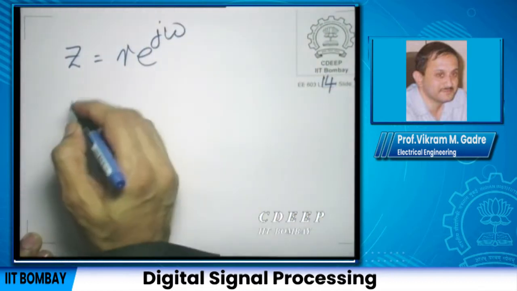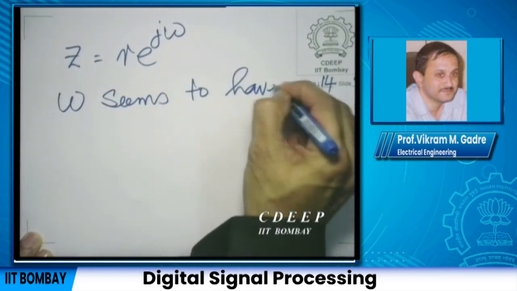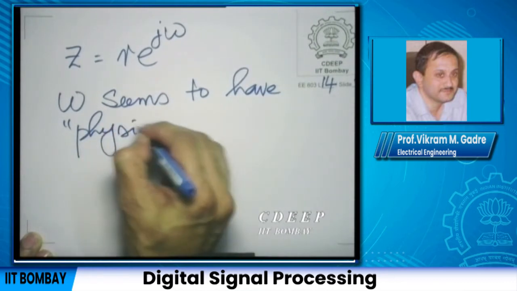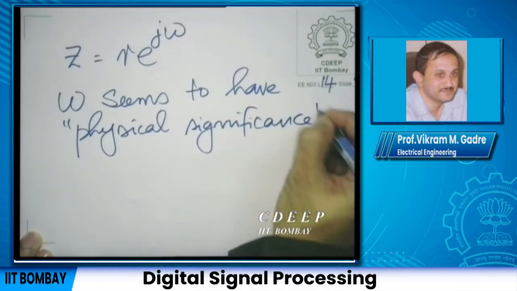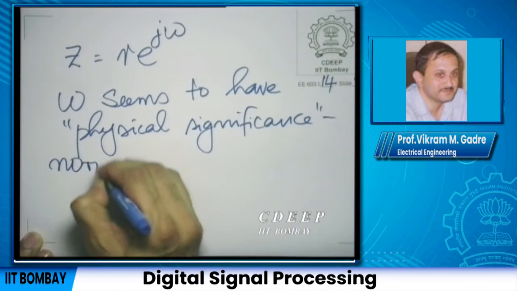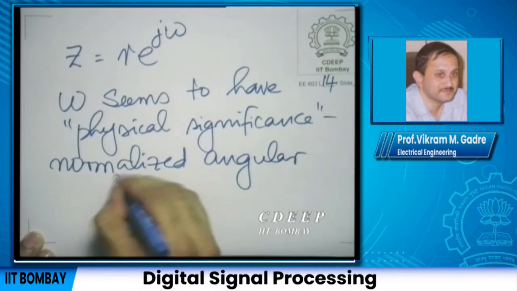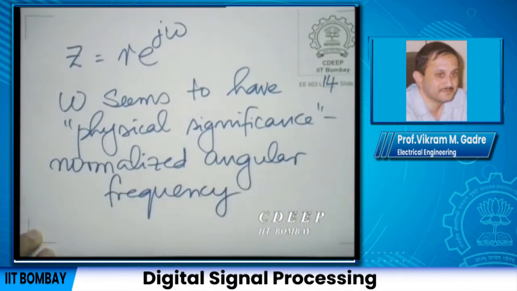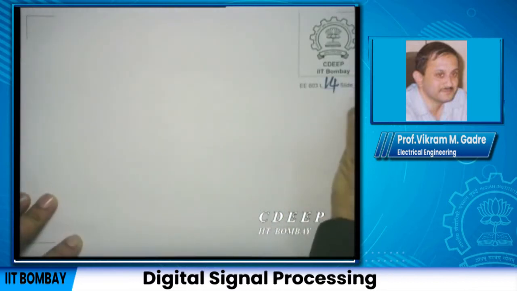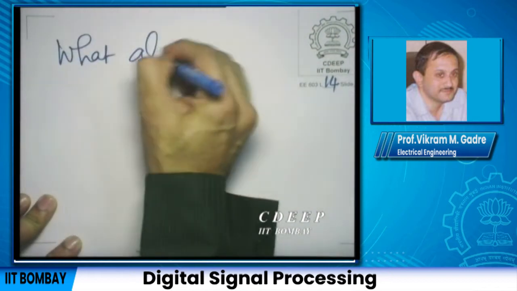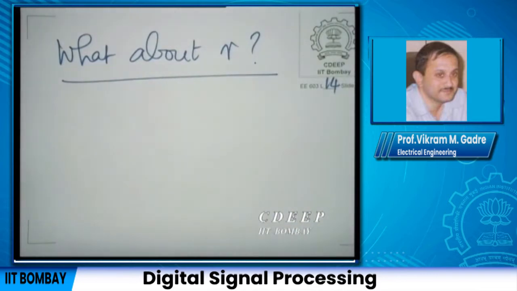The question is, omega seems to have a physical significance, and that physical significance is the normalized angular frequency, isn't it? However, does r have a physical significance? r does indeed have a physical significance.